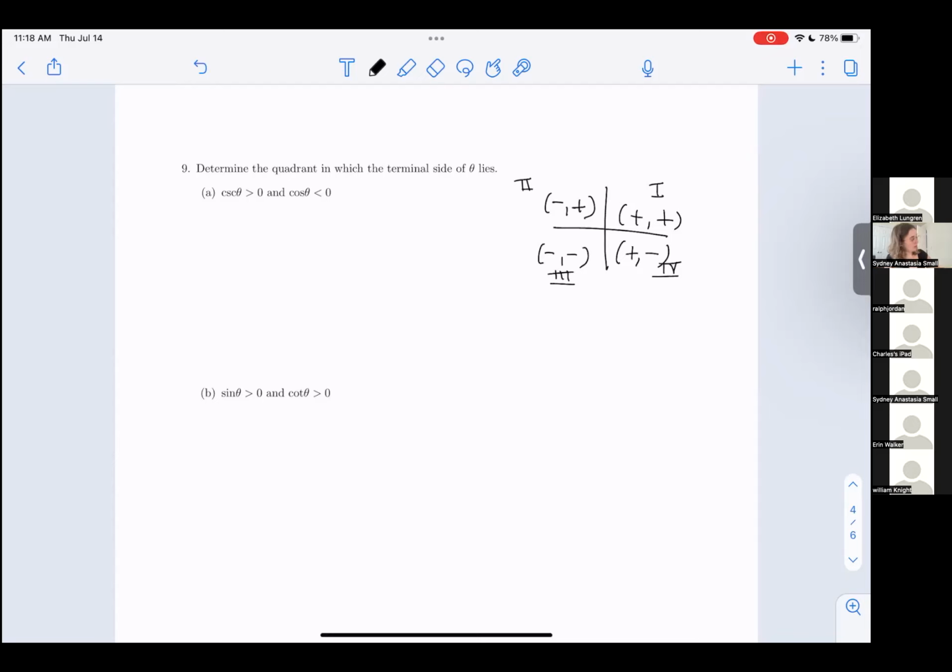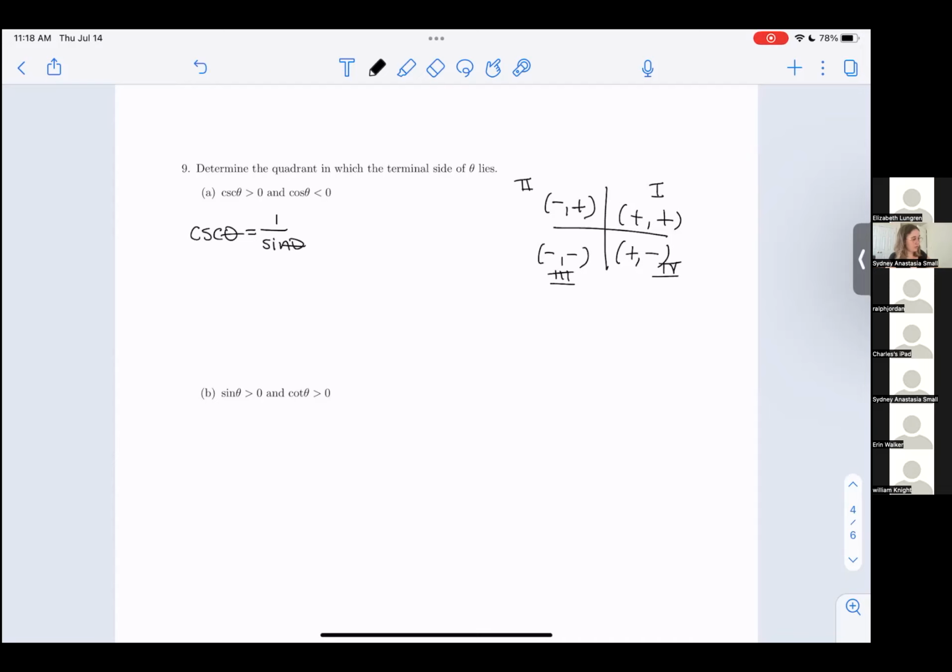So what am I going to do now? Instead of trying to consider both of these at once, I'm going to look at both scenarios and see where the overlap is. Okay, cosecant is greater than 0. If you recall, cosecant is just the reciprocal function of sine. So what we're looking at here is where the sine is positive, because if the sine were negative, the cosecant would be negative, because sine is just the y values.